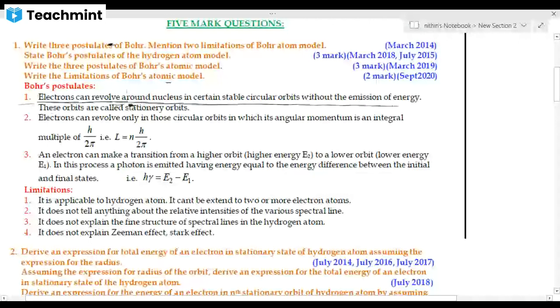So electrons are revolving around the nucleus in circular orbits, and these orbits are called stationary orbits.